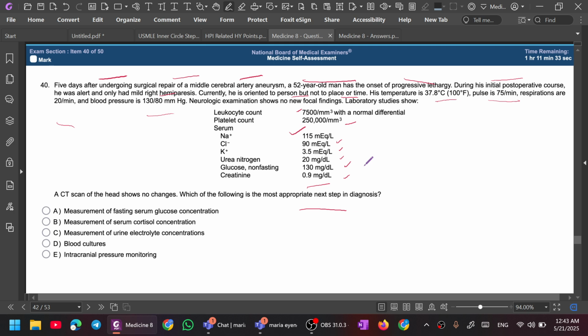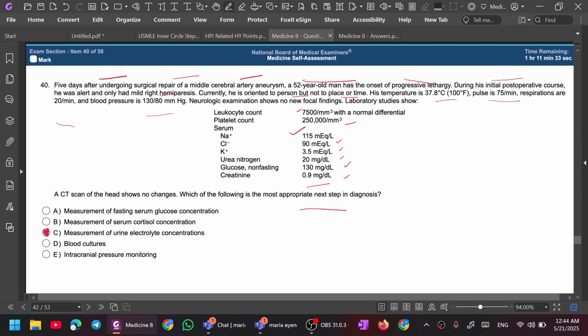Severe hypertension. Okay. Think about the box.